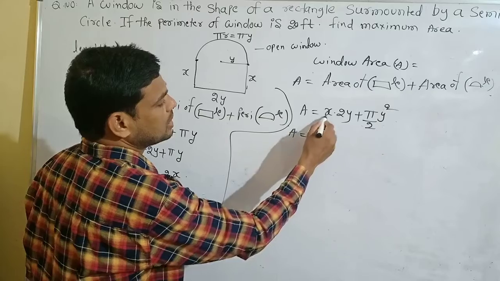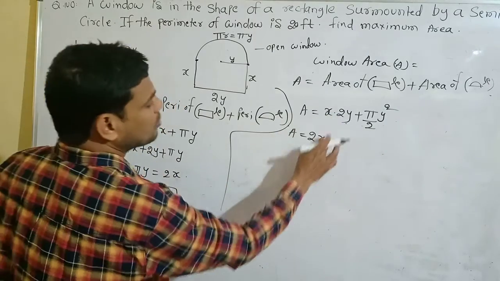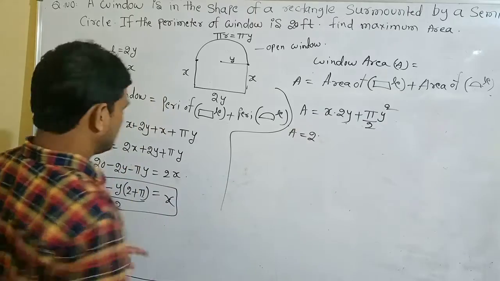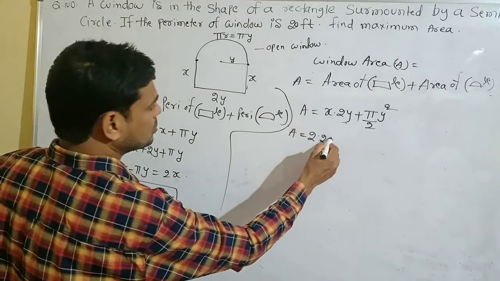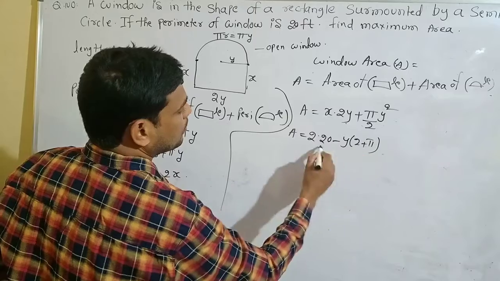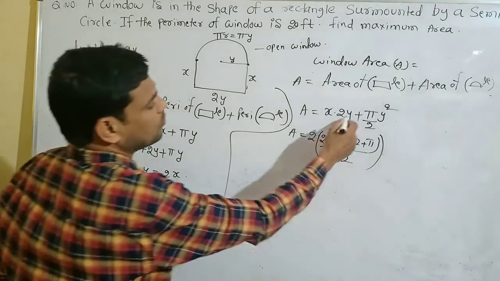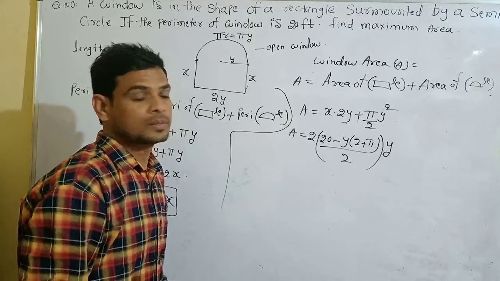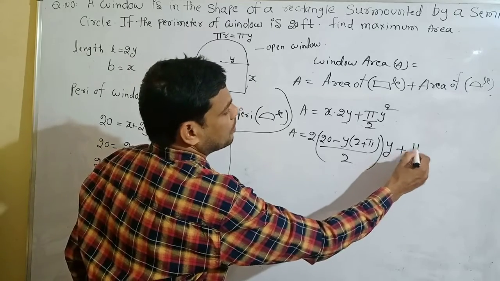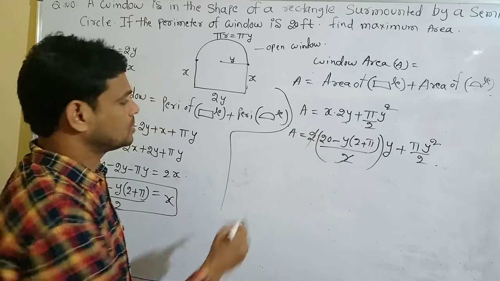A equal to x into 2y. Here x value is what? (20 minus y(2 plus pi)) by 2, into 2y, plus pi y square by 2. 2 cancel.